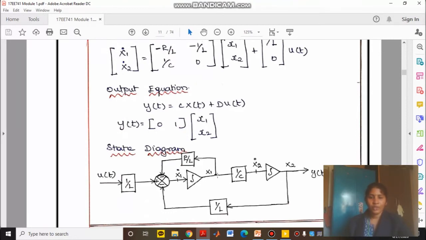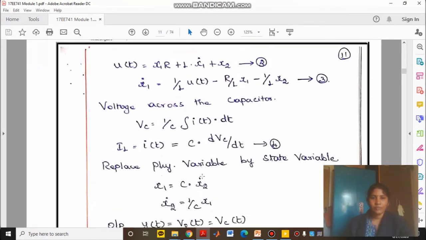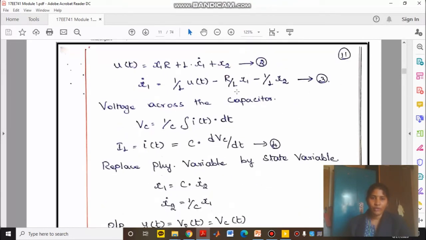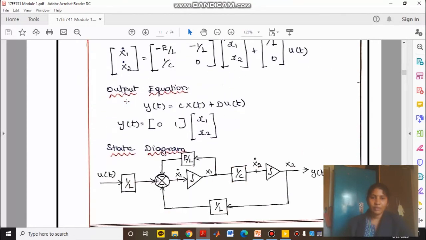After putting 2 integrators, your input is going to be x1 dot, and after integrating, the output is going to be x1. Same thing for the second integrator: your input is going to be x2 dot and the output is going to be x2. What is your x1 dot from this equation? You can refer to equation number 3 or directly draw from the matrix.